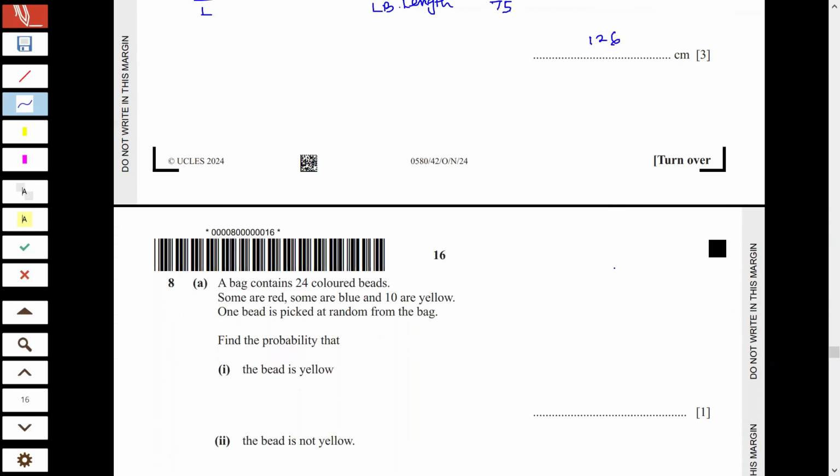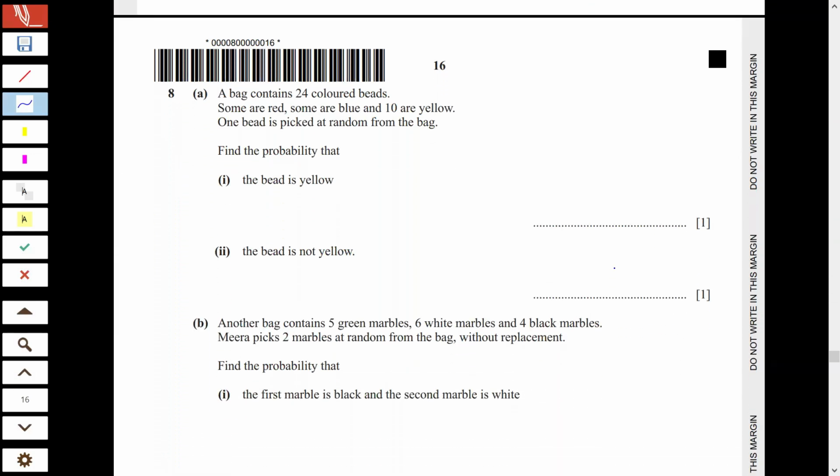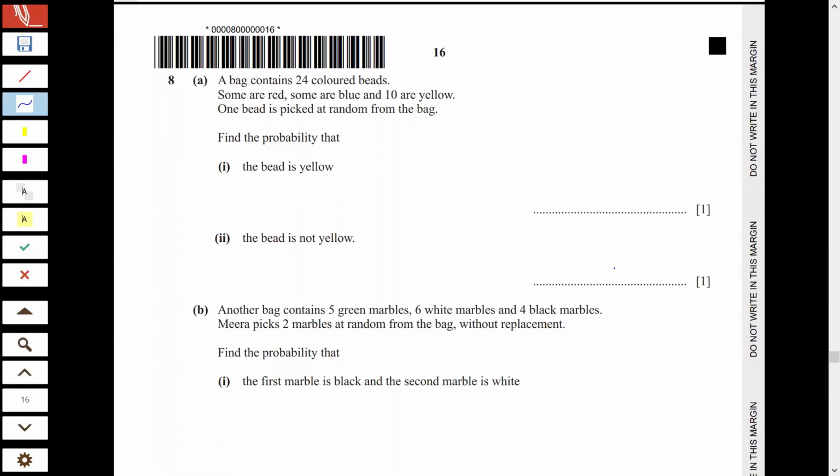So we're moving next to the next question here, question 8. A bag contains 24 colored beads. Some are red, some are blue, and 10 are yellow. One bead is picked at random from the bag. Find the probability that the bead is yellow. Of course, the number of required outcomes is 10 yellow beads.